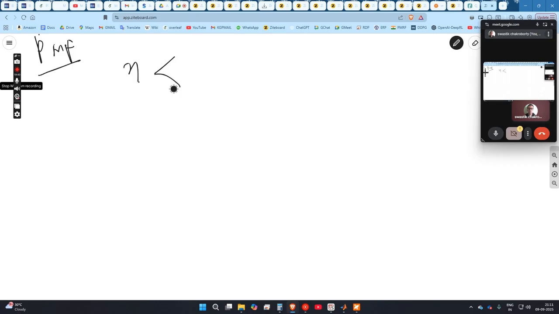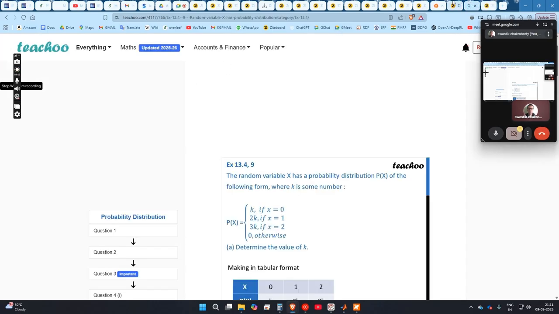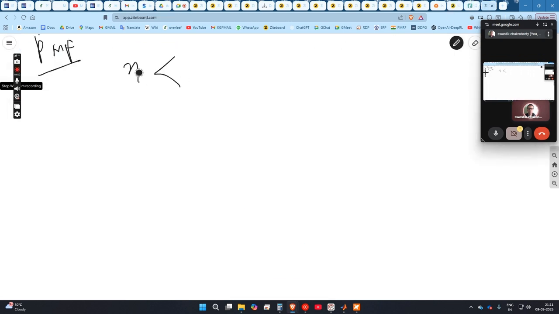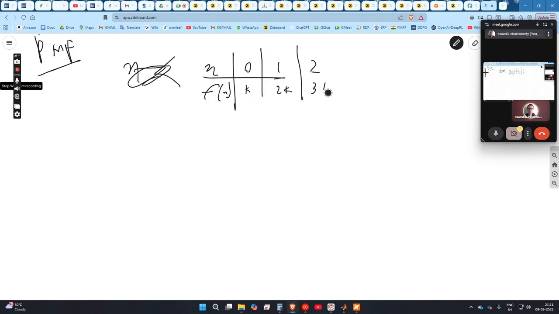Let's write in tabular form, x and f(x). So it is k if x equal to 0, 2k if x equal to 1, 3k if x equal to 2, and the rest is 0 elsewhere.